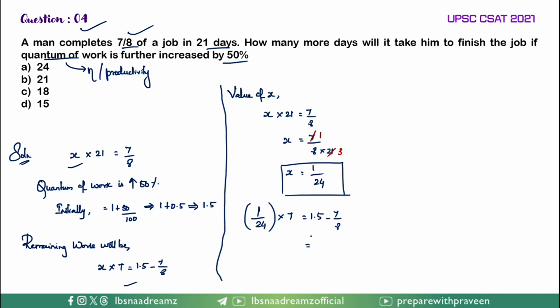So let us get rid of this point. So 15 by 10 minus 7 by 8. So this is equal to 3 by 2 minus 7 by 8.